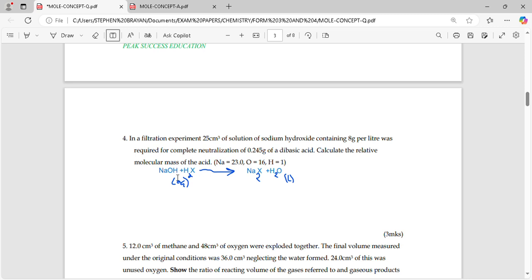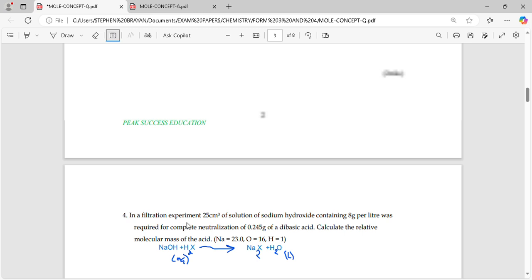So I've tried to write this equation here where we have sodium hydroxide, and this is my example of a dibasic acid. Now this 2 means that the X is the one that has 2. So when I write the equation, the 2 of X will come here below. To balance this equation, because already I have 2 sodiums on this side, I'm also going to ensure that my number of sodiums on this other side also becomes 2.